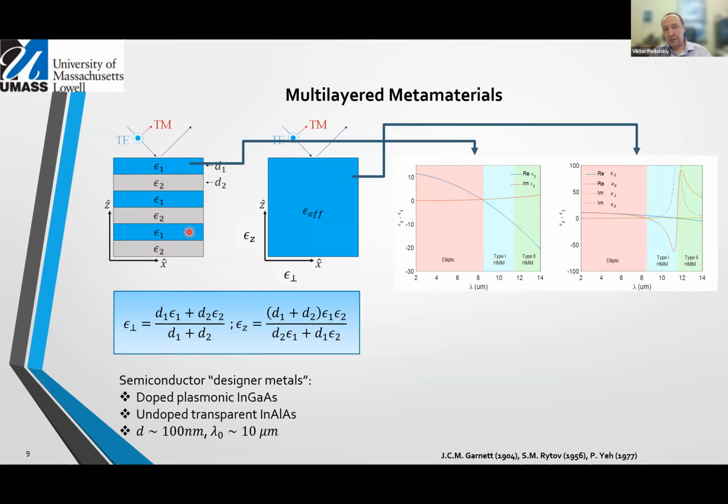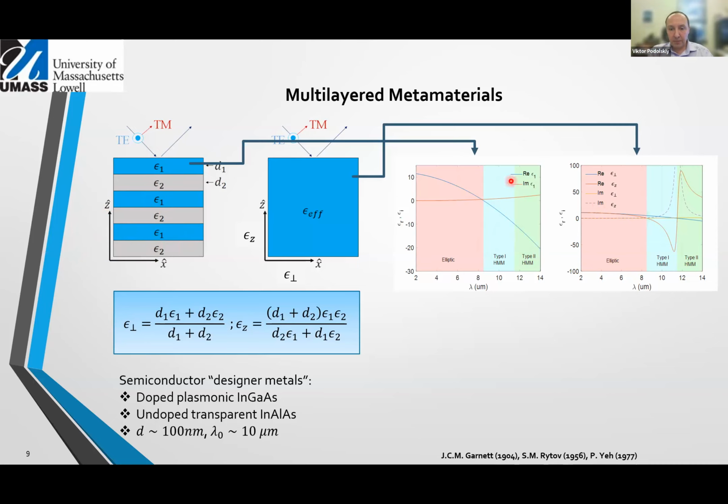You can see that this structure is anisotropic. The optical axis is perpendicular to the layer surface. And basically, you have two components of the permittivity tensor in the plane of the layers that are the same, and then the component that's perpendicular to the layer surfaces that's different.